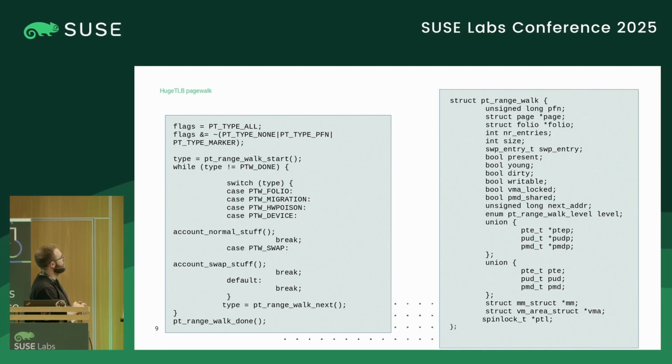It's only interested in the folios and in swap to account for the swap case. And it's pretty straightforward. You just switch on the type and do stuff. And on the right side is the structure that it will return filled in.